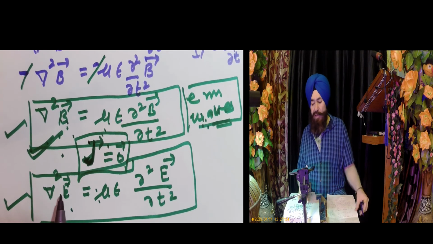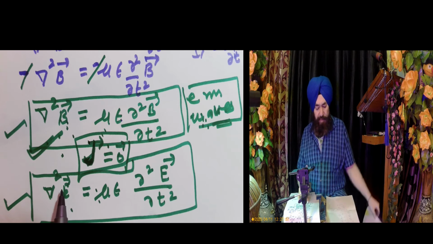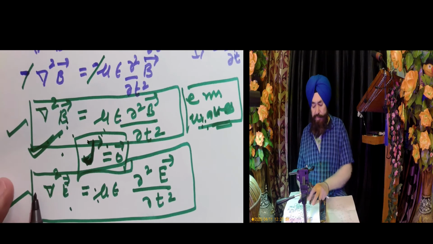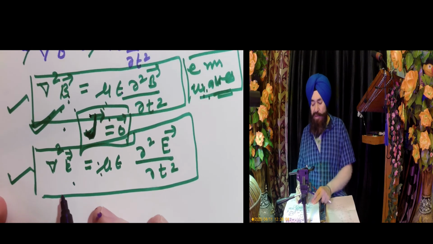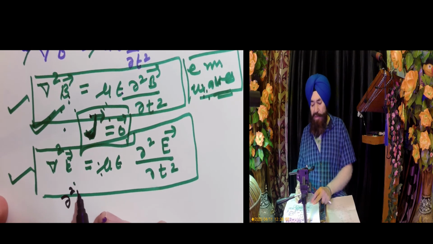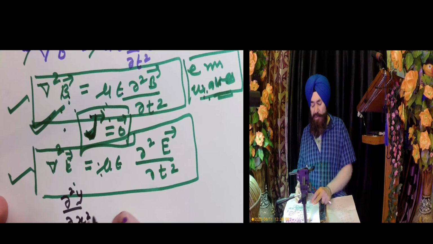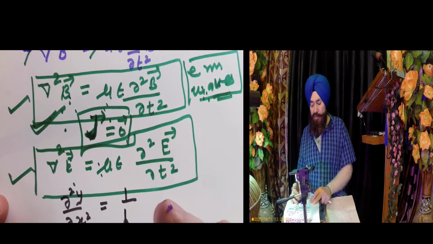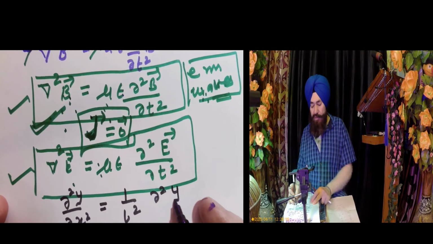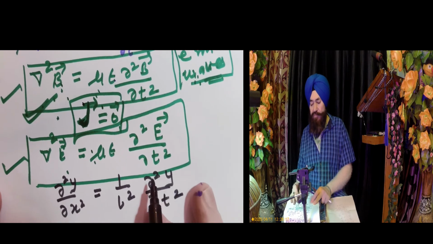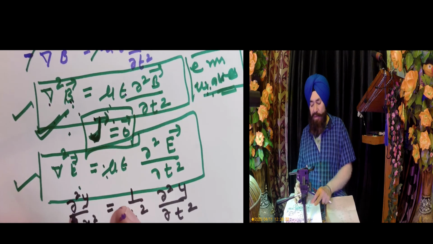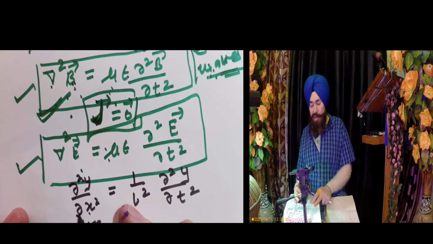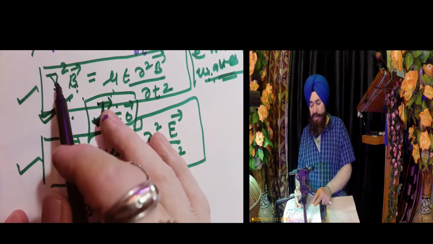Now if I compare the two equations with the wave equation, curly 2 y upon curly x square is 1 over v square curly 2 y upon curly t square. Now this is the wave equation. Now del square B means curly square over curly space coordinate square, because this is space.